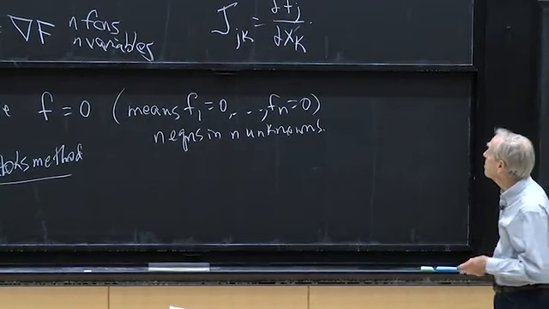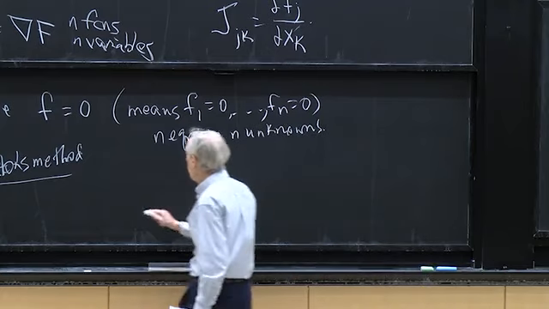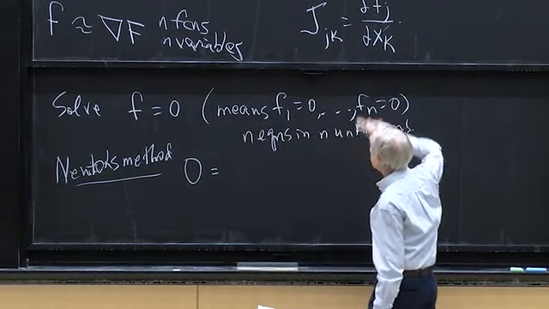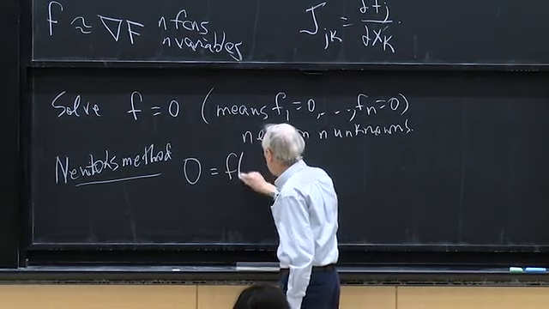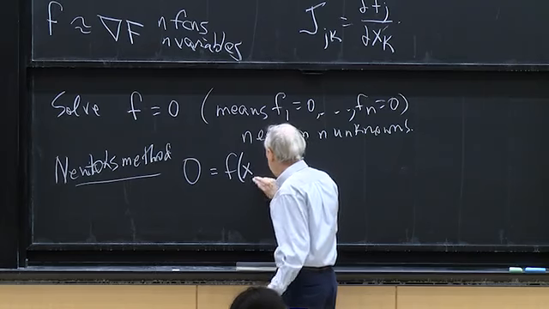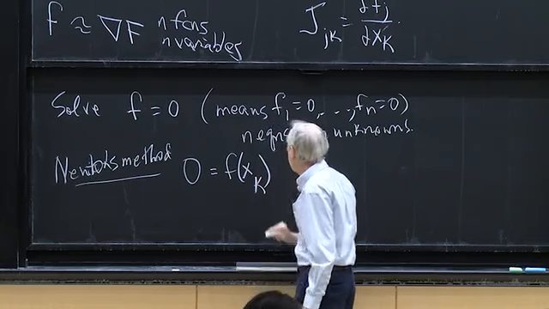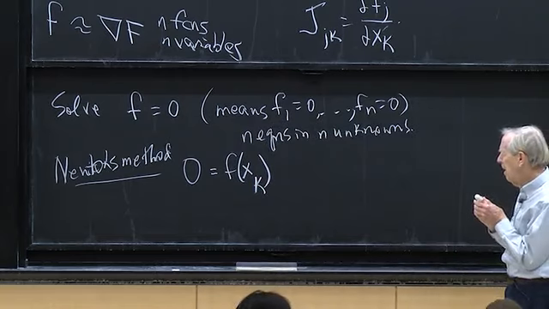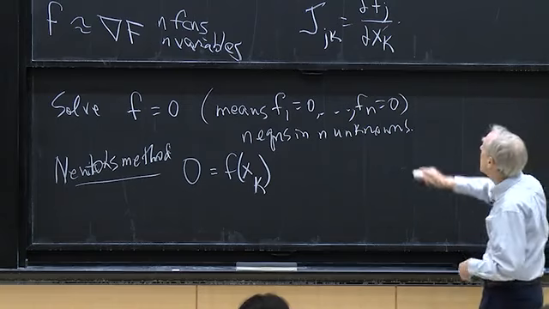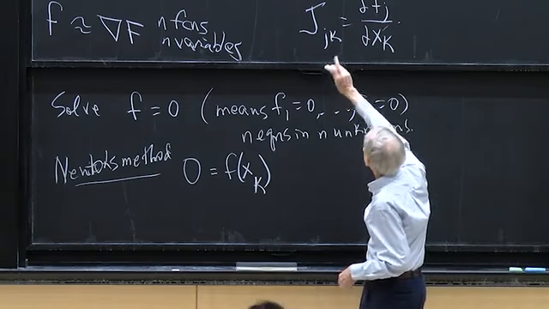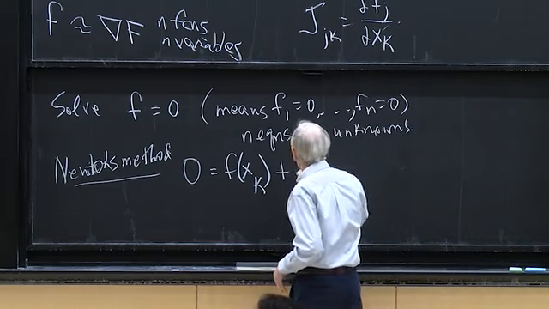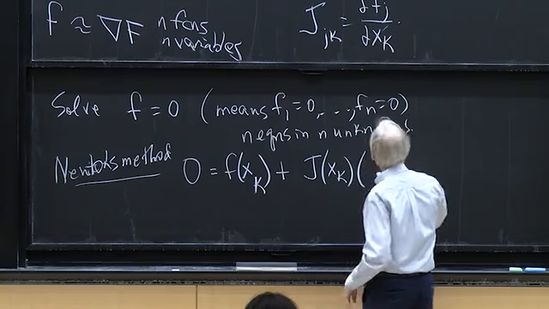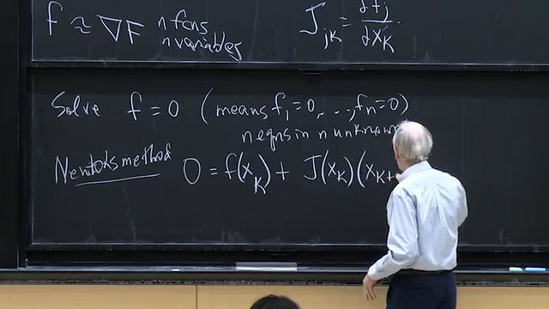So f at x plus delta x, I'm putting in as 0. I'm just copying that equation: f at where I am, x. Let me use k for the iteration. So I'm at a point xk. I want to get to a point xk plus 1. And so I have 0 is f of x plus J at that point times delta x, which is xk plus 1 minus xk.